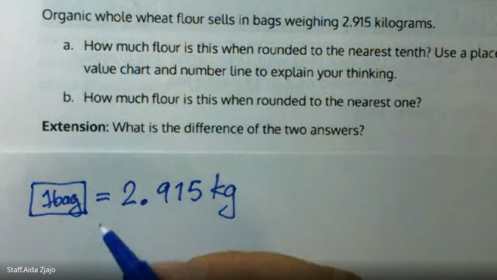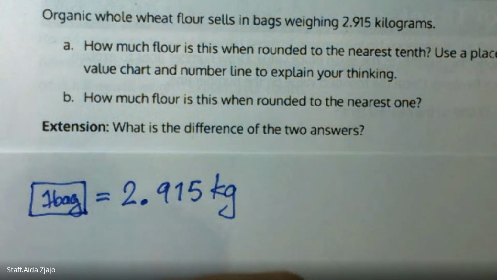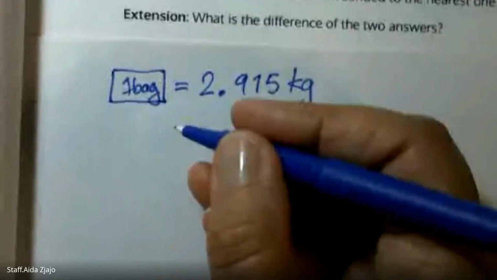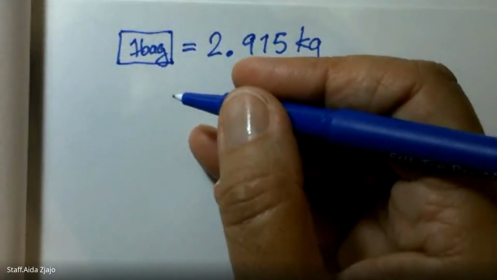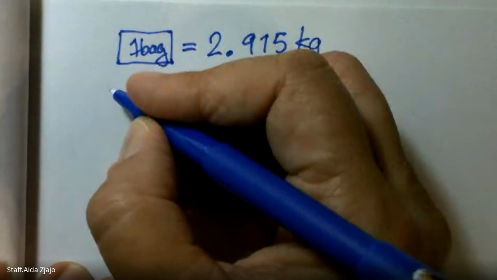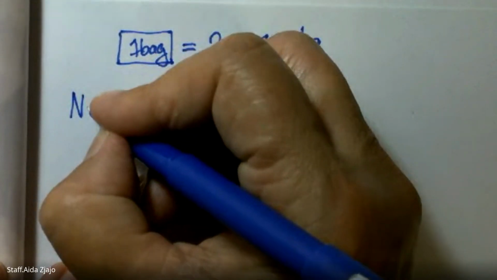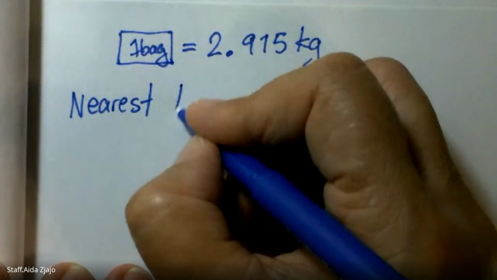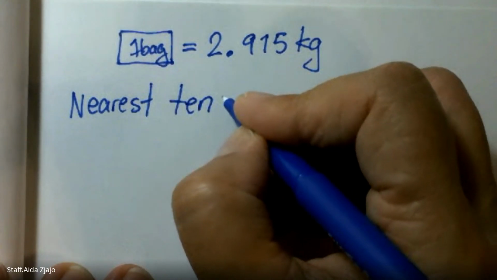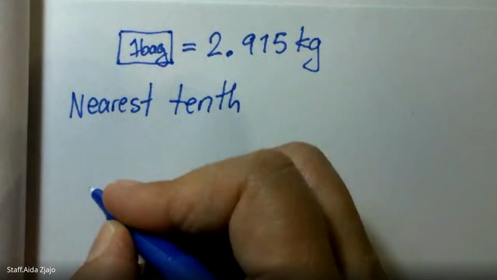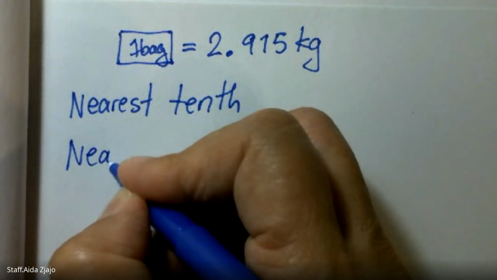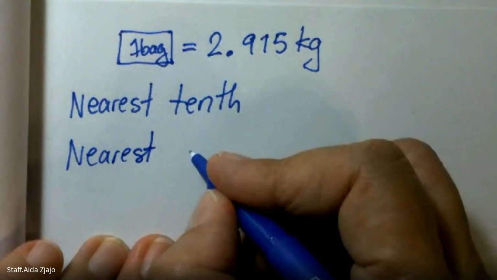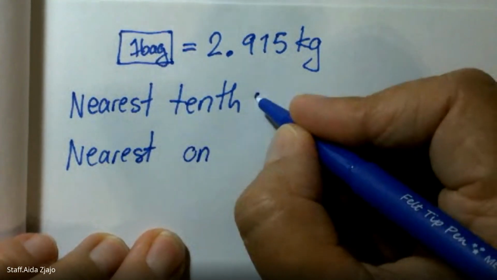So what they want you to do is round to the nearest tenth, and then the nearest one. And that's what we need to find.